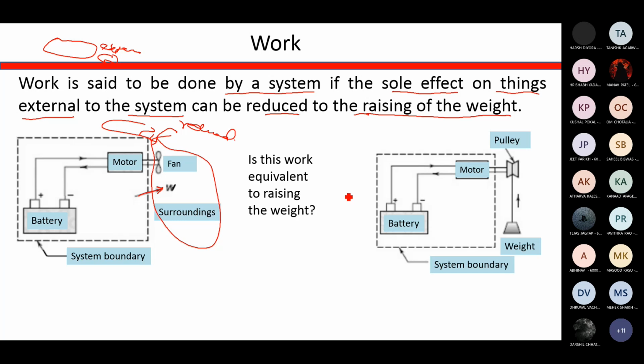Now this pulley is driven by the shaft which is connected to the motor, and you can lift the weight using the input from the battery to the motor, and the motor in turn will help us in raising the weight. So this is definitely work, right? We have reduced the entire effect happening outside the system to the raising of the weight using this arrangement. So this can be called work. Is it clear?